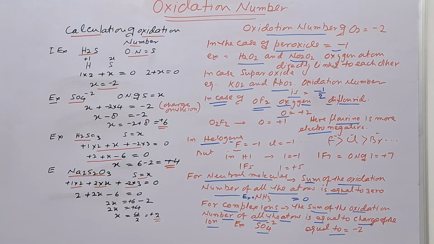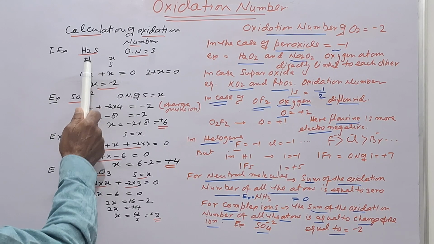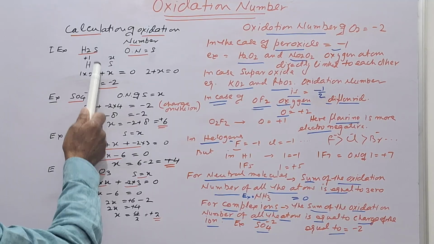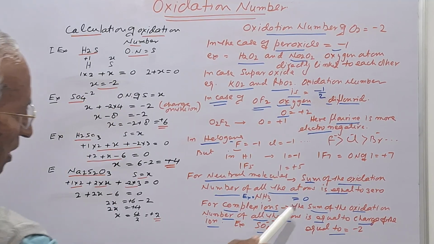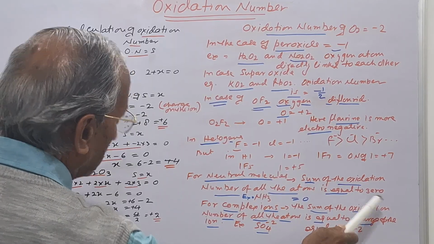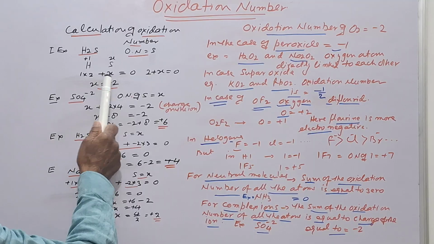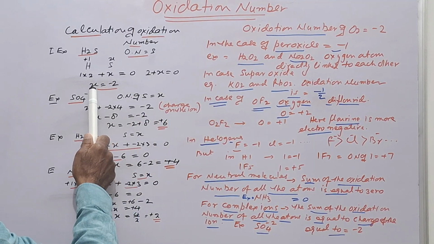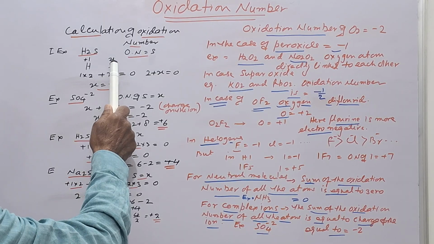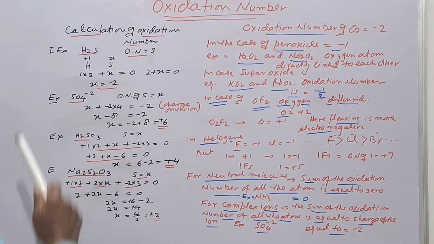Let it be X. Then for the two atoms of hydrogen, the oxidation number is 1 into 2 plus X is equal to 0. Here it is a neutral molecule, so the sum of the oxidation numbers of all the atoms is equal to 0. So 2 plus X is equal to 0, then X is equal to -2. So here the sulfur atom has the oxidation number -2.